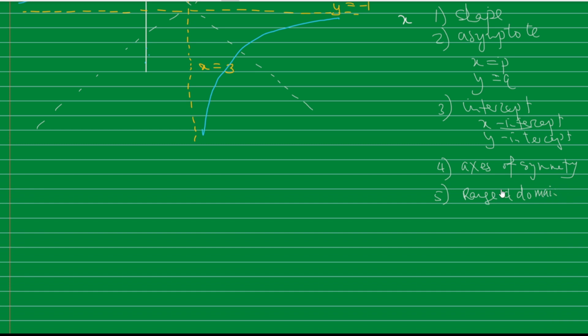So that brings us to the end of this section, and follow the other video that I'm going to post on how to determine the axis of symmetry and how to work with questions relating to the range and the domain of a hyperbola.